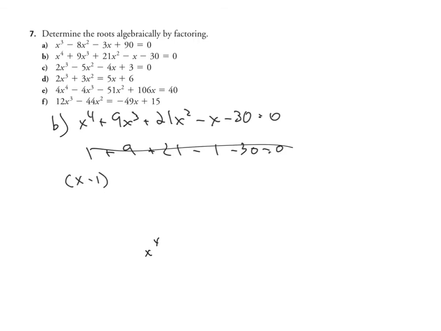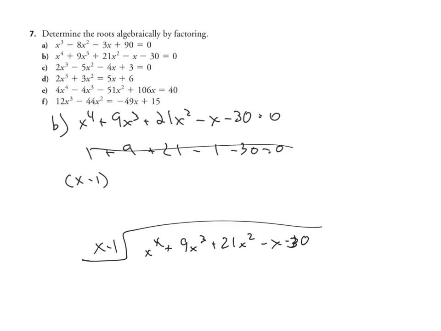So x to the 4 plus 9x cubed plus 21x squared minus x minus 30, and we're going to divide by x minus 1. And you get x to the 3. x to the 4 minus x to the 3. 10x cubed. Get plus 10x squared here. 10x cubed minus 10x squared.